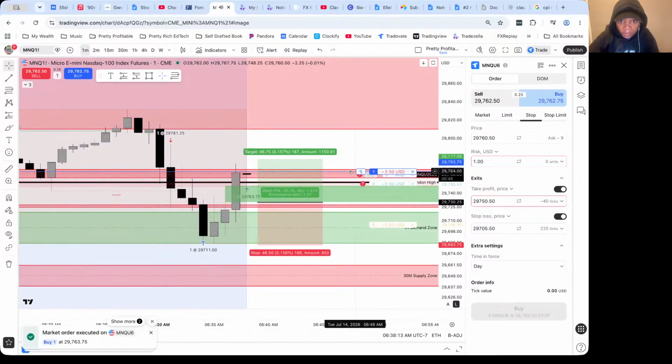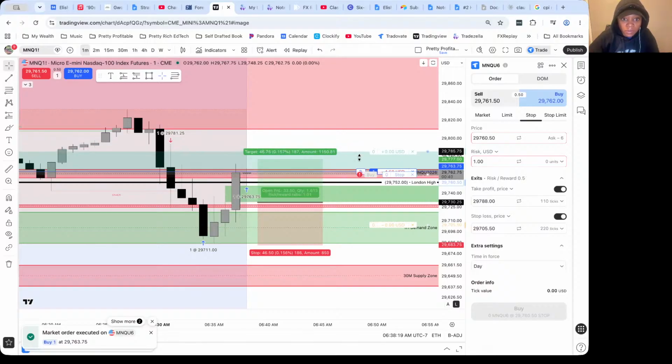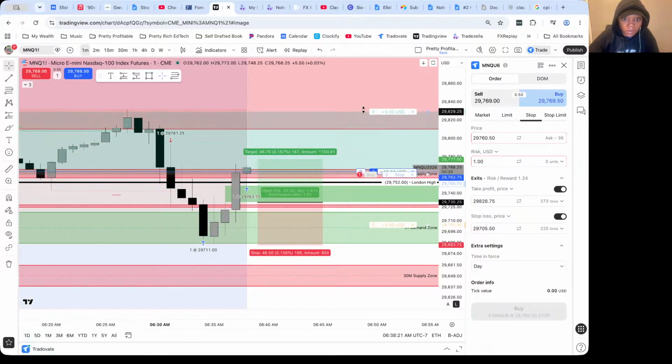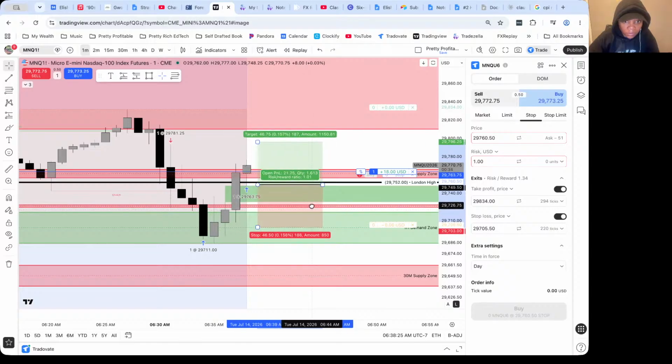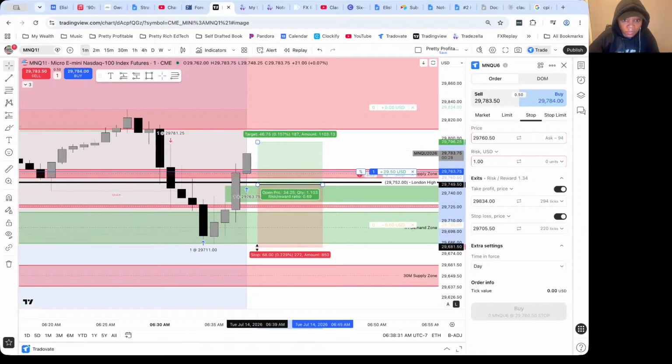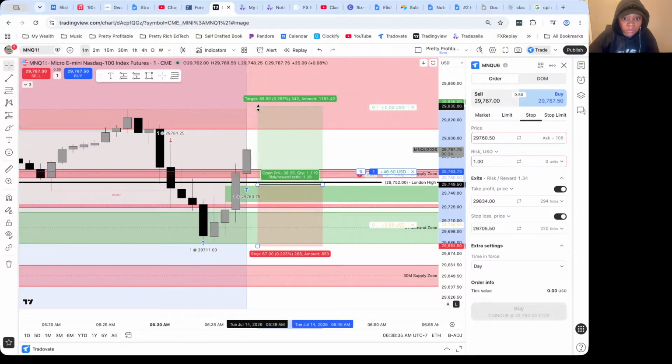Yep, come on. So target. My entry was here, though this might be a little bit of a later entry. So I need this. Yeah. Hit my stop higher. 1-on-1.